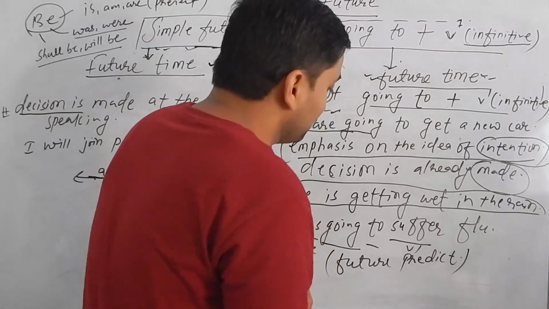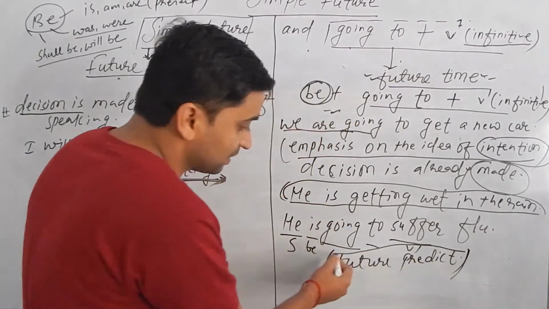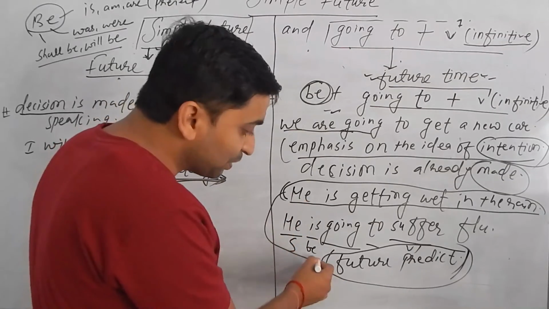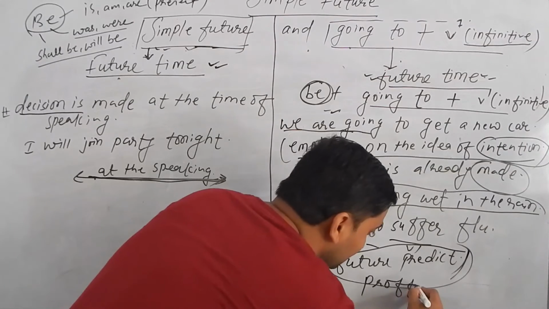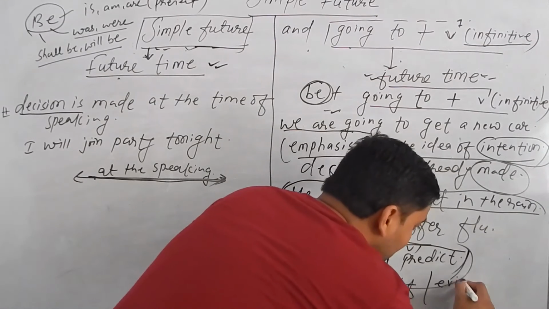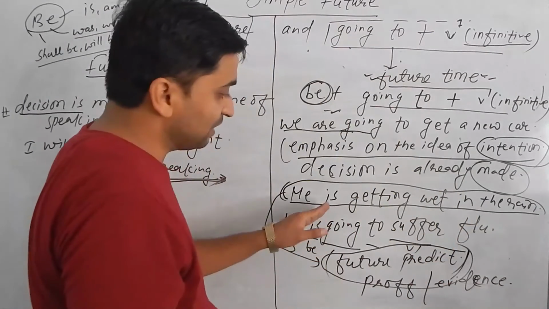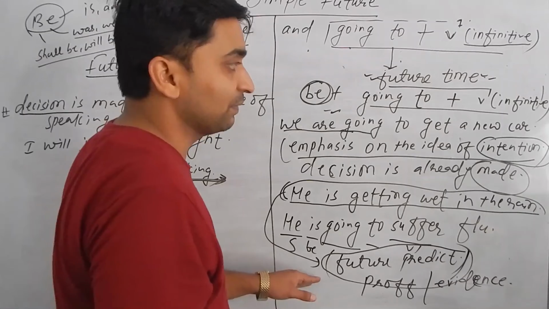That's why going to suffer talks about the future prediction. This is the proof. So according to proof or evidence there is a future prediction. If the evidence is given, going to plus B1 is used for the future.